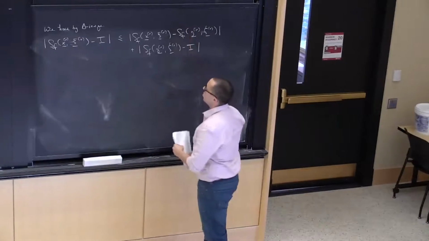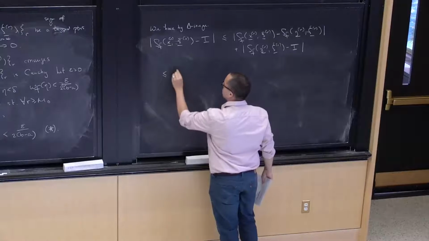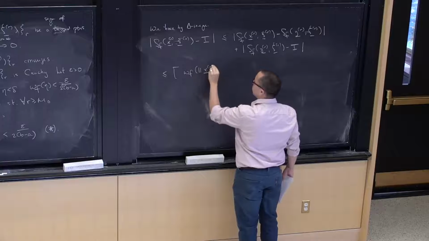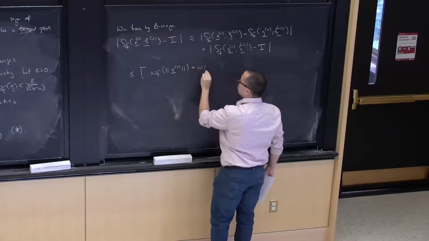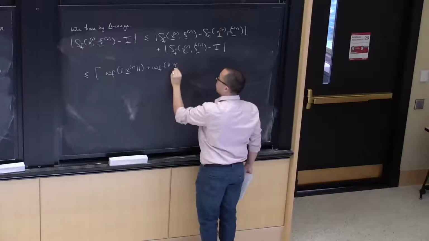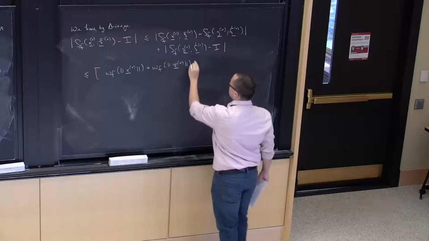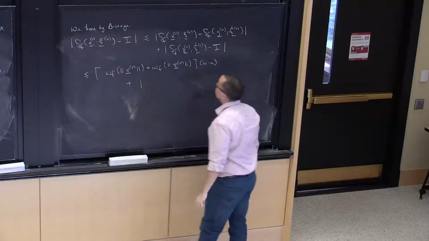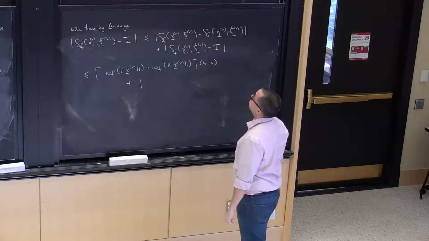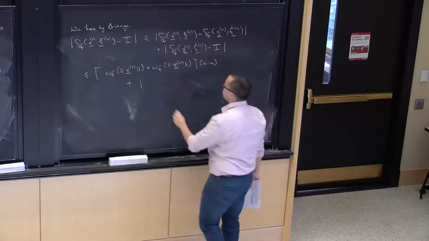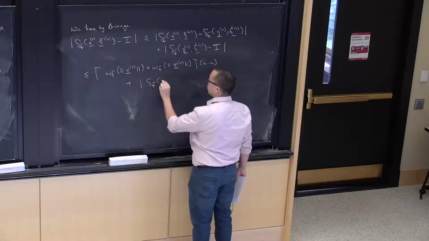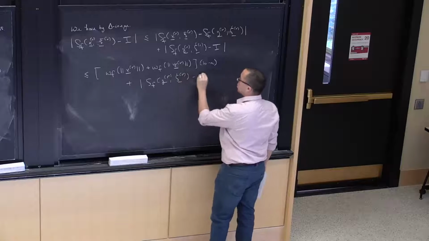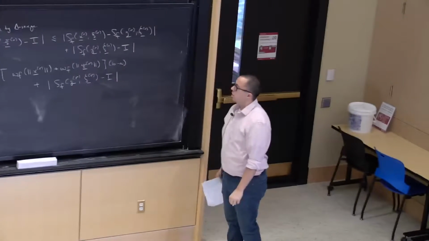This first thing, I use Theorem 3. So this is less than or equal to the modulus of continuity times b minus a, plus the absolute value of S sub f of y sub r minus I. Okay?